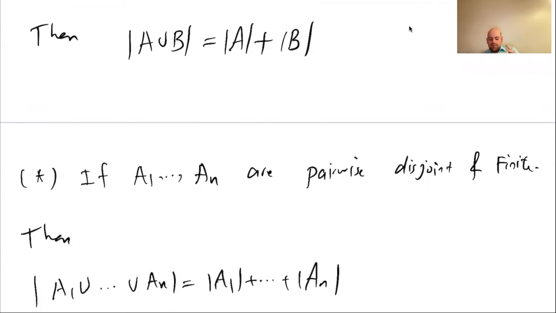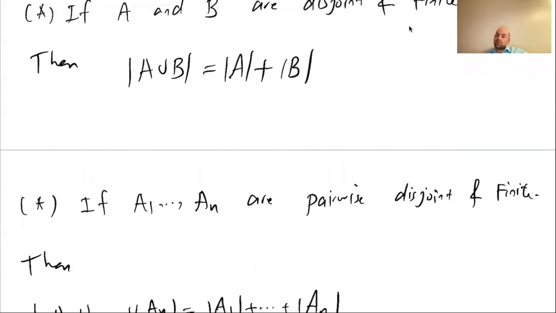So the number of elements in the union is simply the addition of the numbers of elements as long as the sets are disjoint, or pairwise disjoint for more than 2 sets.